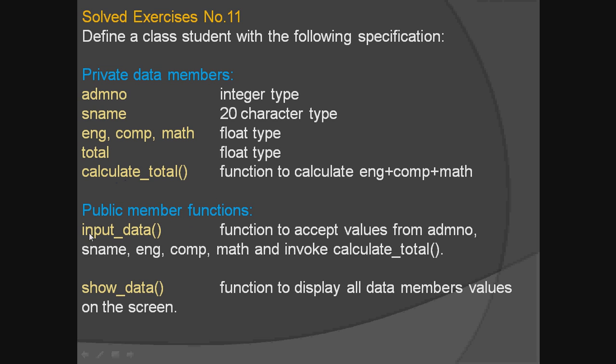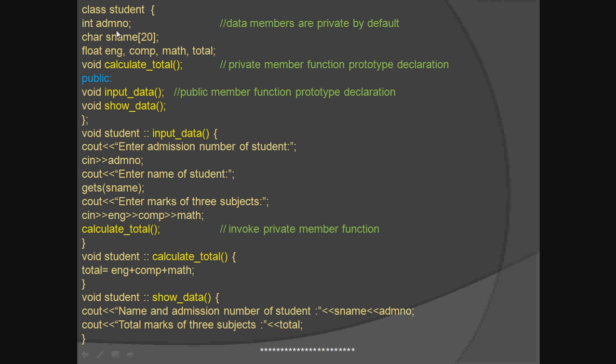So under the public member functions, input data and show data are there. This will input all the values, and after that it will invoke this private member function. Using the public member function only, you can invoke this private member function, since the object cannot access the private member function. Here the class student has these data members which are private by default, because the keyword private is not mentioned.